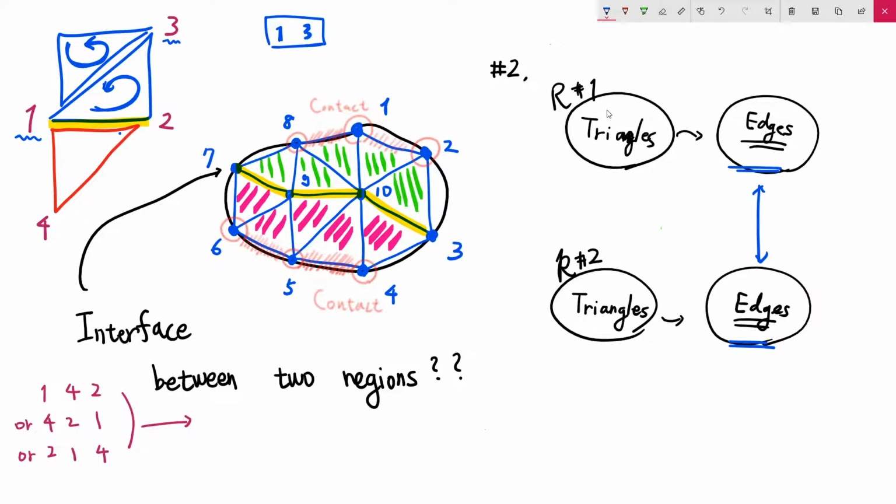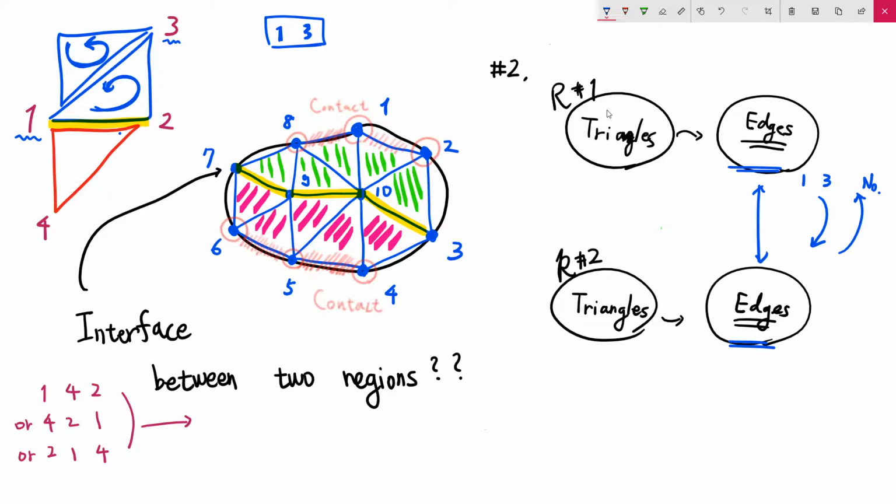Do you have, I mean, region 2? Then I have 1 3. You guys have 1 3, and if the answer is no, I don't have 1 3, then 1 3 is not an interface edge.